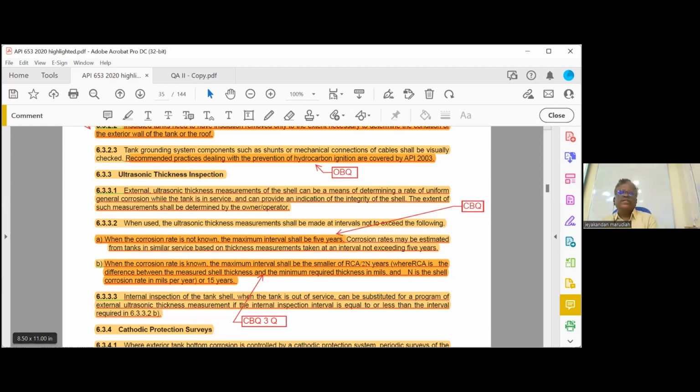Okay. Let us work out one example. So I am writing the year, thickness. In 2010, the thickness was measured at 0.5 inch. In 2015, the thickness was measured at 0.470 inch. In 2020, the thickness was measured as 0.430 inch.